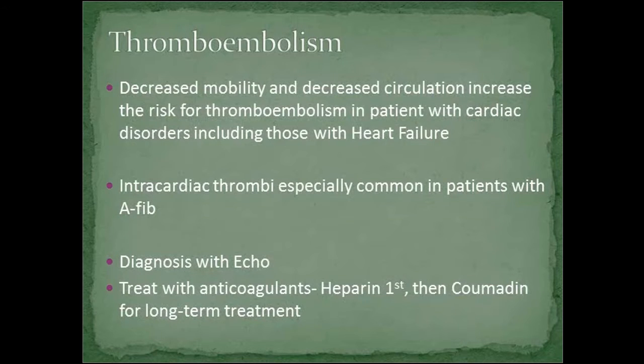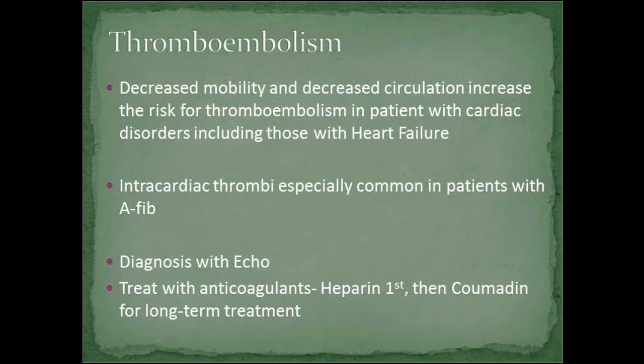If the patient's heart failure has caused an atrial dysrhythmia, specifically AFib, then they must be on blood thinners because they are at risk for an embolus. Intracardiac thrombi will always be diagnosed with echo. Okay.